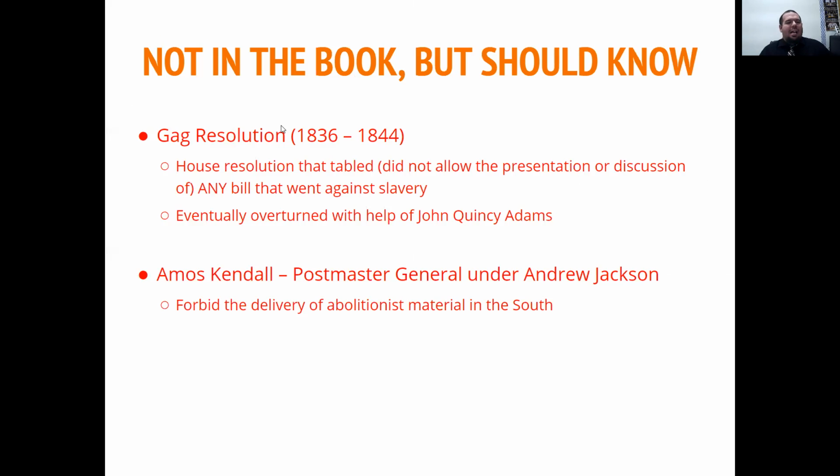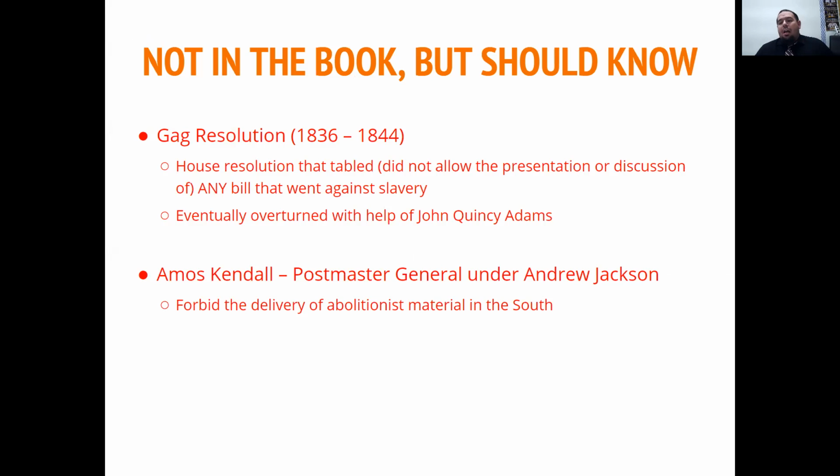Okay, last slide. What's not in the book, but you should know, there's a gag resolution from about 1836 to 1844. The House made a resolution that tabled, meaning they didn't allow the presentation or discussion of any bill that went against slavery. From this time, that's when you hear "put a gag in it"; they couldn't bring it up.